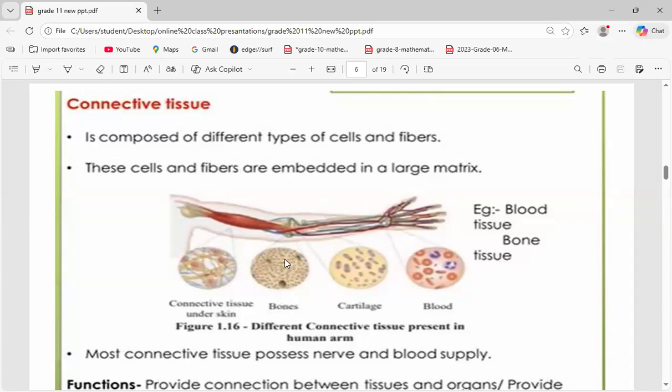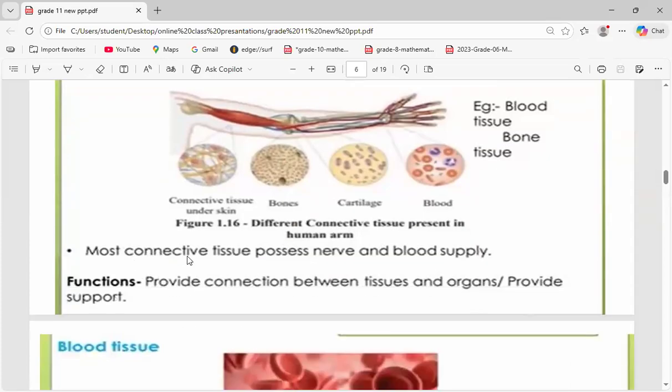In our arm, blood, bones, cartilage and connective tissue under the skin. Most connective tissue possesses nerve and blood supply. The main function is to provide connection between tissues and organs and also provide support. The main job of connective tissue is connecting everything together.